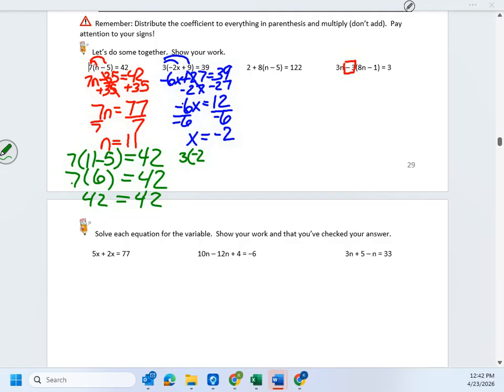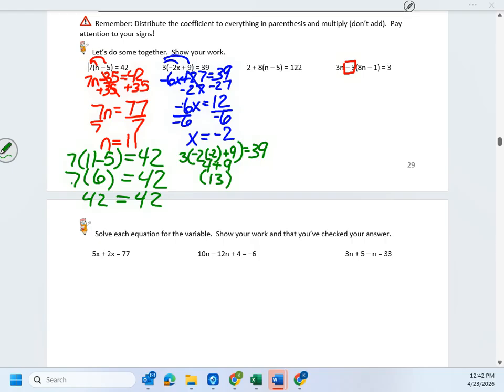-2. Let's check and see, did she do her math right? We're going to take -2 and put it into our original equation. All right, so first I'm going to do negative 2 times negative 2 is a positive 4, plus 9. 4 plus 9 is 13.